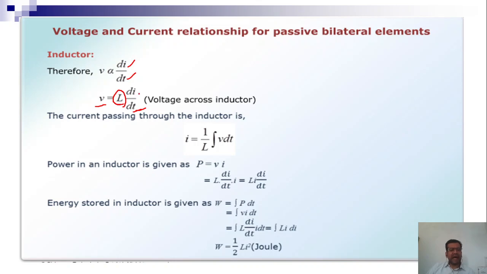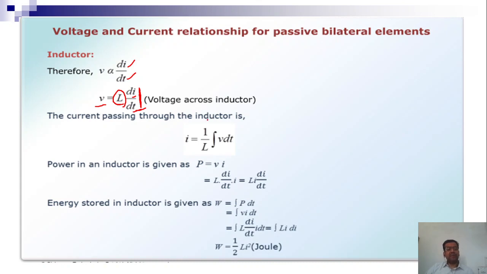See, di by dt will not allow you to change the current instantaneously. This di by dt value will never be 0. So it will not allow you to change the current instantaneously. It will allow you to change gradually.